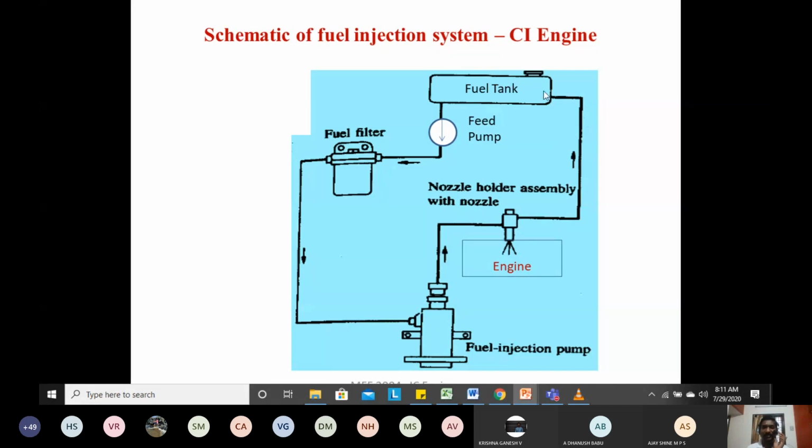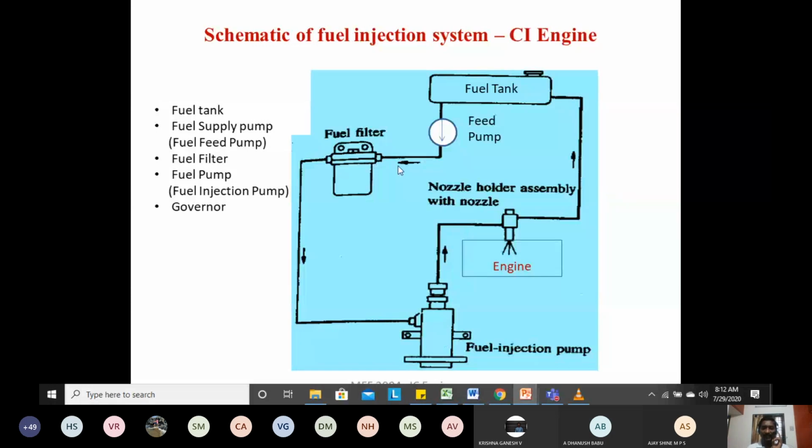So in the case of fuel injection system of a CI engine, the following are the components that are available. We will have a fuel tank. Then there are two pumps available. One pump we call it as fuel supply pump or fuel feed pump, and the other pump we call it as fuel injection pump or fuel pump. You can just call it as fuel pump or fuel injection pump. Okay, and this system also has a fuel oil filter, and a governor is necessary because depending upon the load and depending upon the RPM of the engine, the quantity of fuel that has to be supplied is going to be varied.